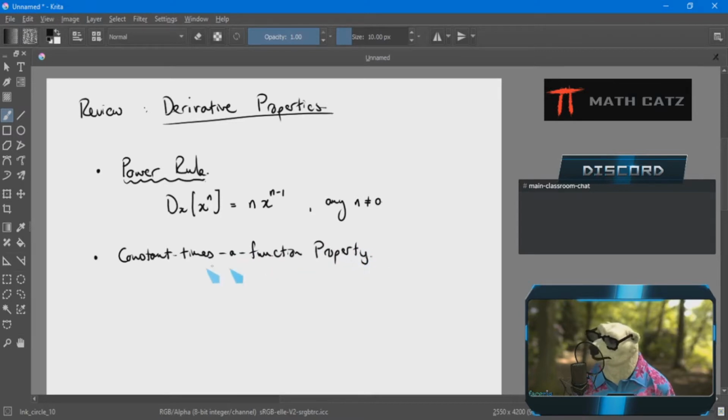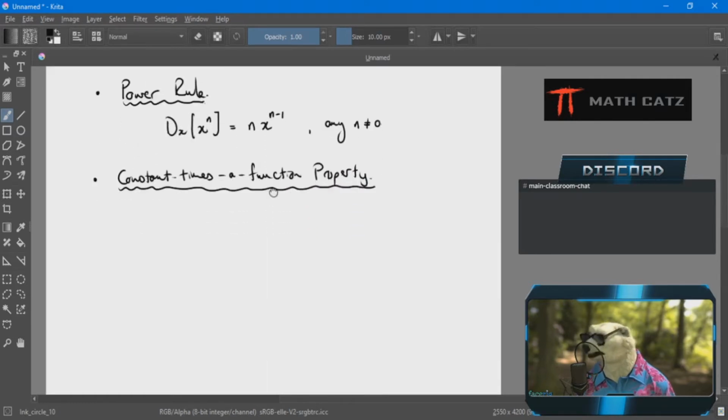I wish it had a nicer name, but no one really cared enough to name it. It's very sad. Sad property. It's very important because without it, I can't isolate the power of x to then use the power rule.